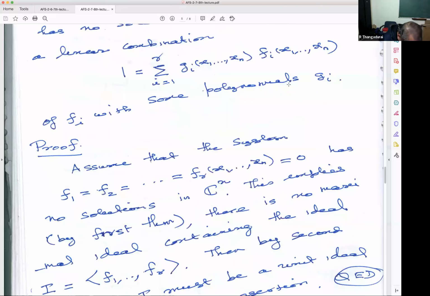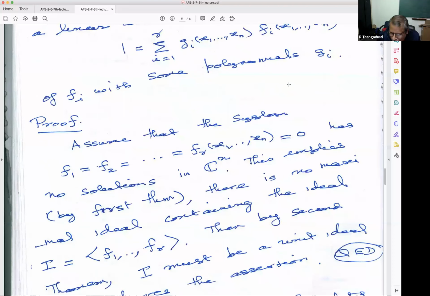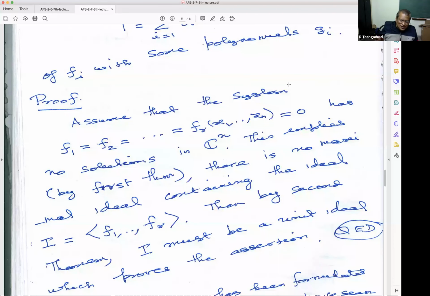So if you randomly choose one polynomial in one variable, meaning you arbitrarily put coefficients and make some arbitrary degree, that is almost always going to be irreducible.